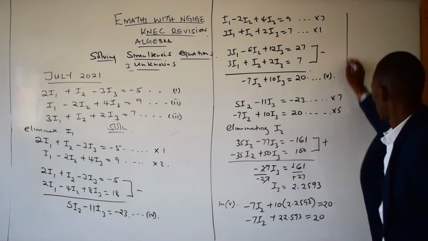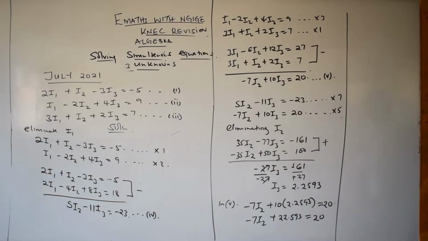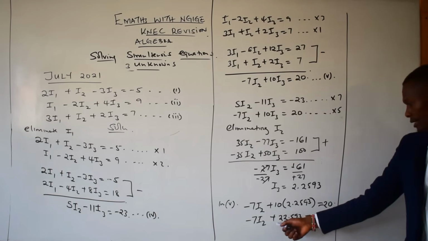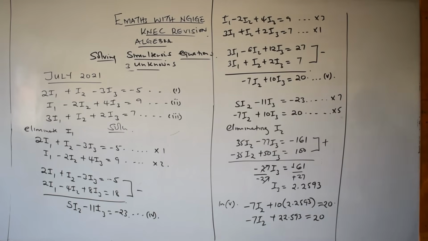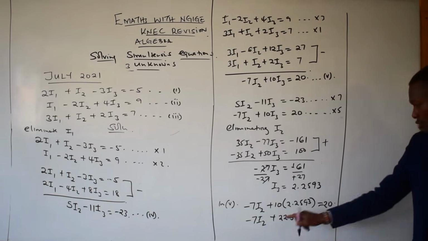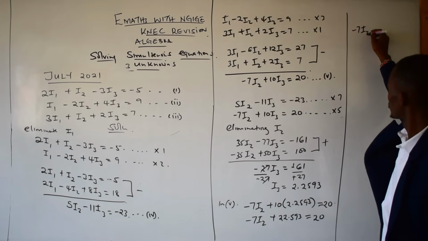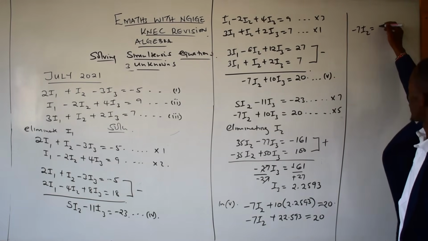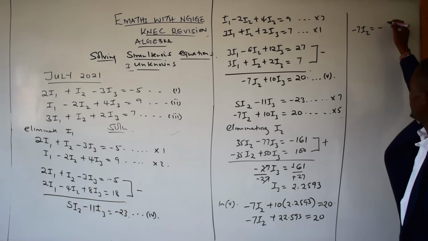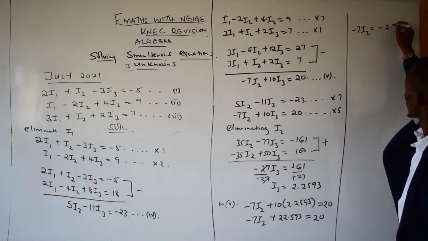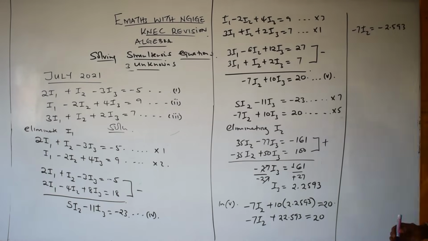Take this term to the other side: 20 minus 22.593 gives negative 2.593. So negative 7I2 equals negative 2.593.